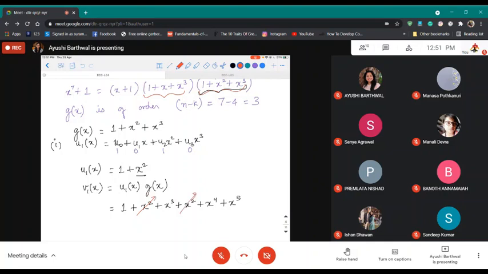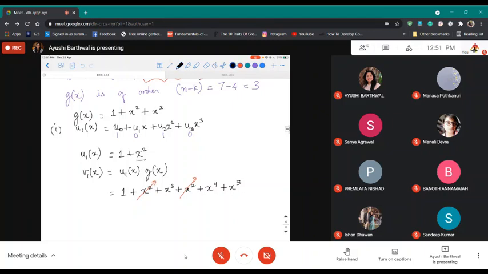Even number of x square would be 0, and odd number of x square would be written as x square. Since there are an even number of x square, they will be cancelled. So we'll rewrite this equation as 1 plus x cube plus x4 plus x5.